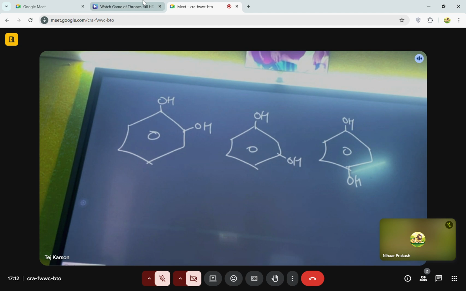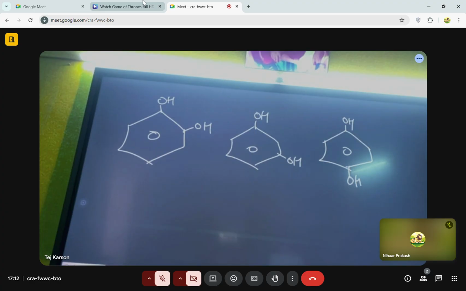So I'll tell you what's more funny. The diol. You can use the word benzene only here because there are two. Don't want phenol, benzyl alcohol.